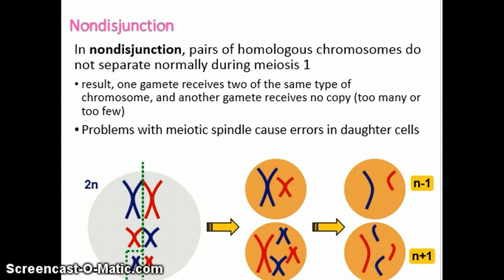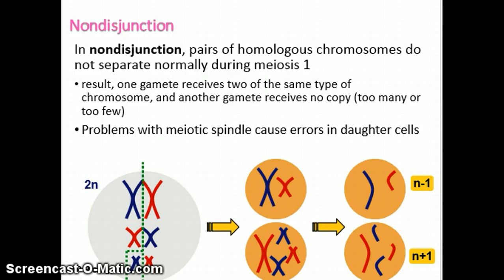So here are some more specific examples. In non-disjunction, we have pairs of homologous chromosomes that do not separate normally during meiosis 1. The result is that one gamete is going to get 2 of the same type of chromosome, and the other gamete is going to receive 0 copies, so that one of the homologous pairs will go in with the other, and we end up with another gamete that's totally missing that chromosome.